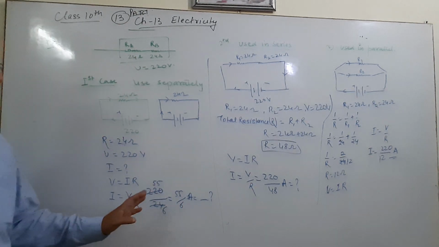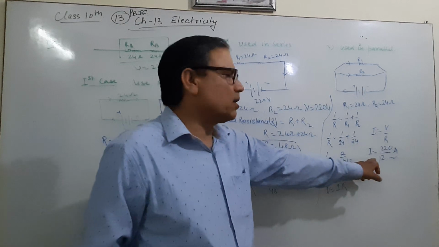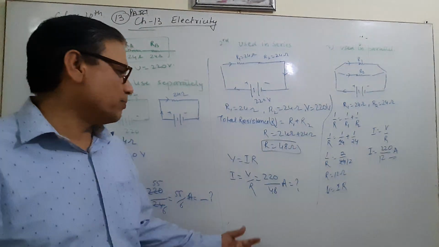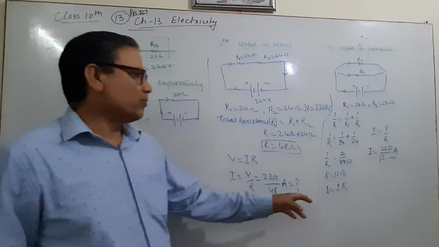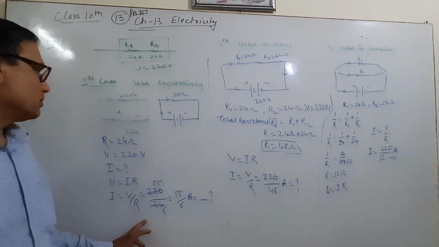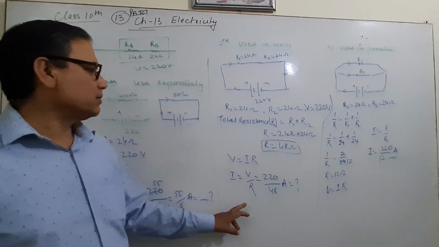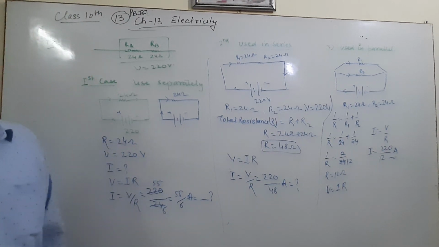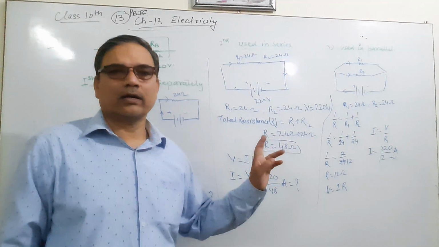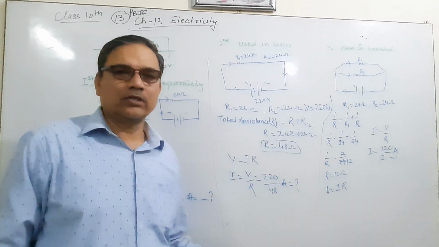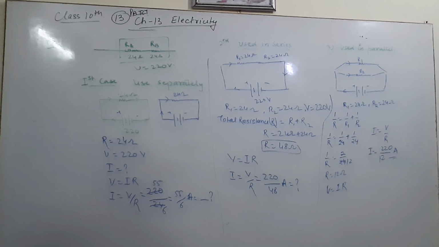It is better to connect in parallel, because the current drawn in parallel is more as compared to series or to individual use. More current is drawn by parallel, then separately, and least current is drawn in the case of series. This is how the current differs when the resistors are connected in parallel, in series, and separately. This is your question, and now we move to the next question.